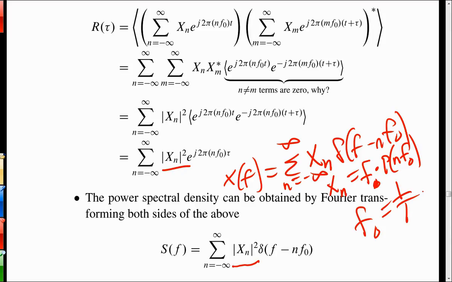So this just gives you another route to get to the power spectrum for a periodic signal, still without a whole lot of heavy lifting, because you can just get the Fourier transform of one period, use that theorem, and have the spectral lines be the magnitude squared of xn, which would be the magnitude squared of this quantity right here.